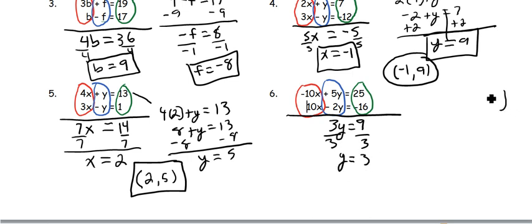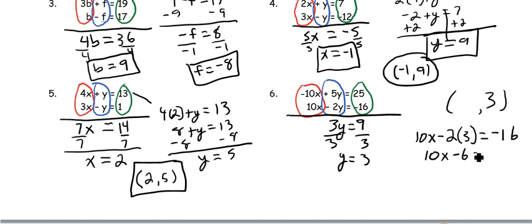So I can go ahead, I can start my answer right here, 3. I don't know what my x is, but I know my y is 3. So I'm going to find out what is 10x minus 2, and then that's y, so I'm going to do times 3 equals -16. 2 times 3 is 10x minus 6 equals -16.